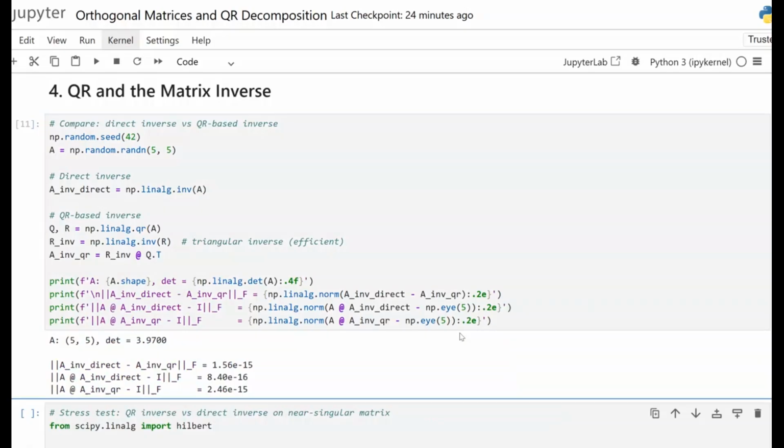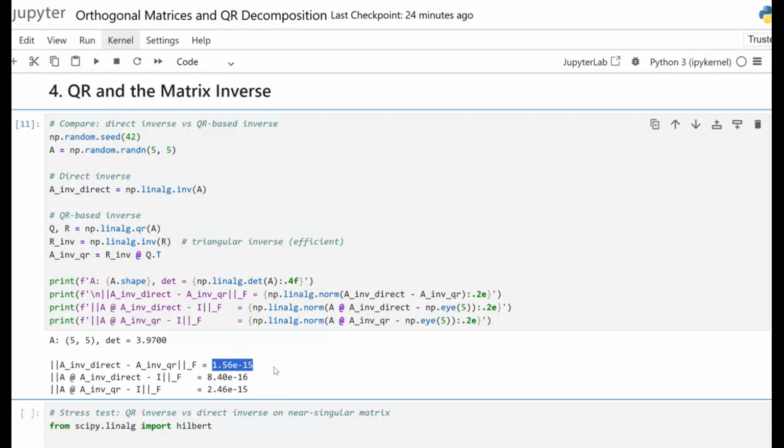So yes, dear friends, kindly observe. Here, for a well conditioned matrix like a random Gaussian, both methods give essentially the same result, and it is nearing 10 to the power of minus 15. The QR advantages become significant for ill-conditioned matrices, where direct inversion accumulates error.